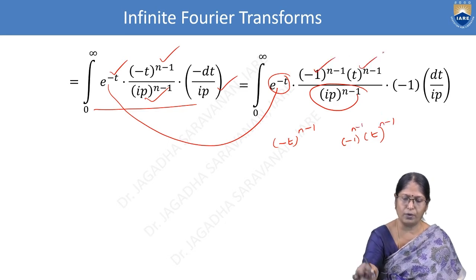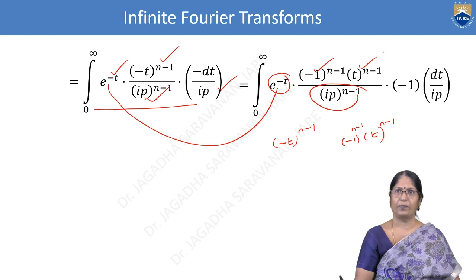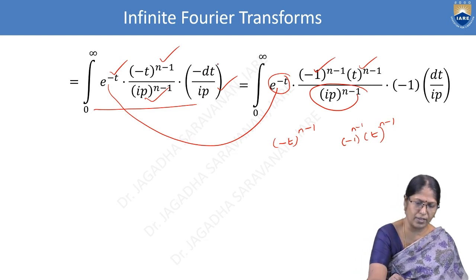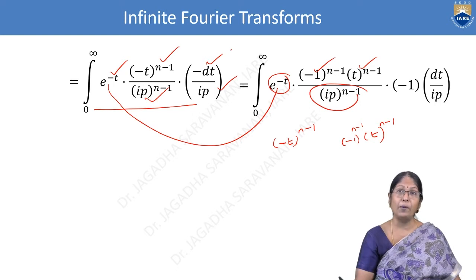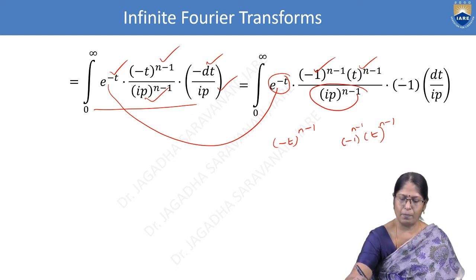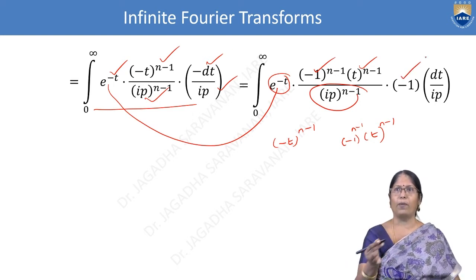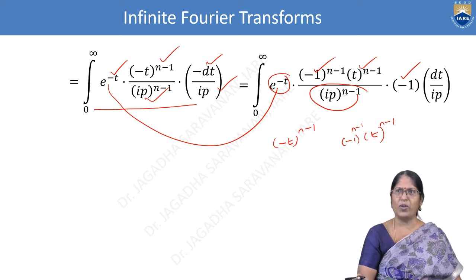That's what we applied here. From this term also, minus dt by ip, we have taken out the minus 1. It is mathematically minus 1 we are taking out.